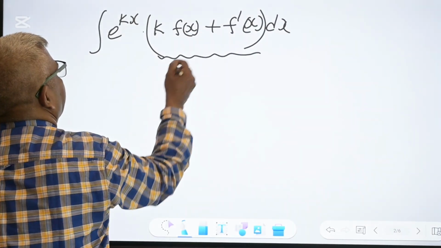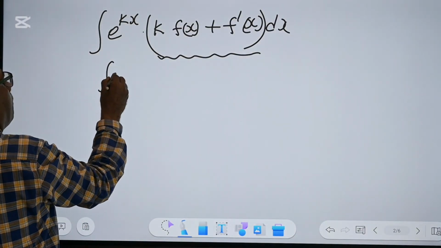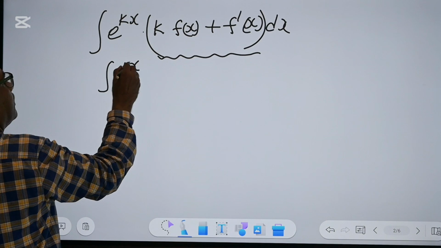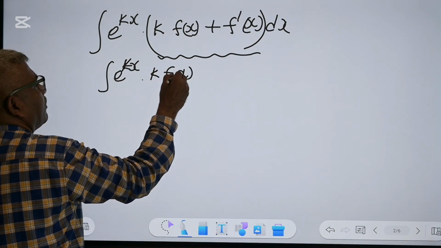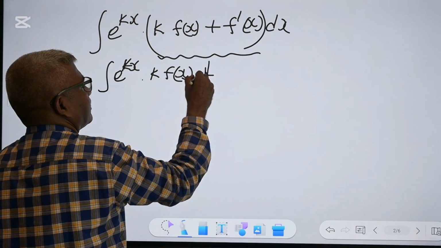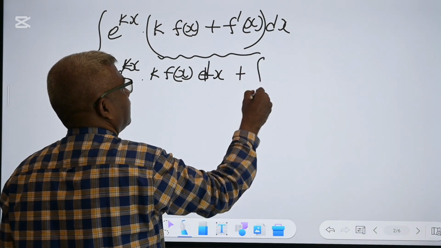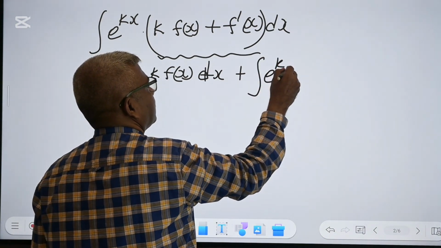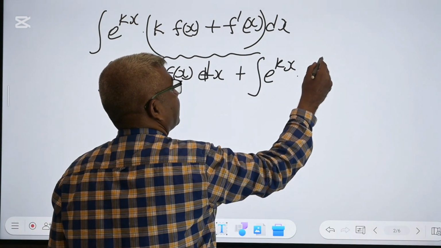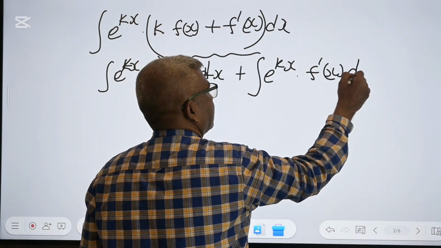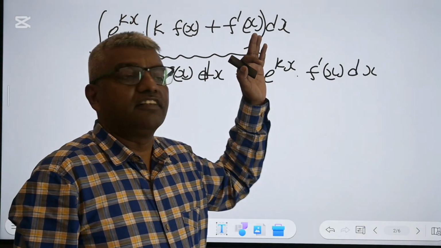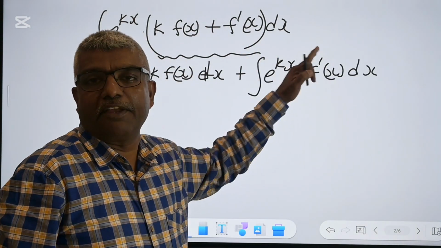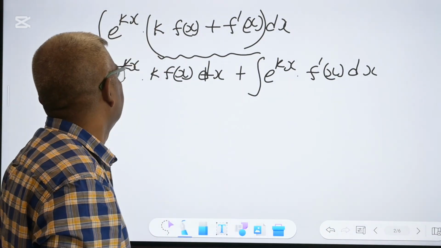Now I am going to integrate e^(kx) k f(x) dx plus e^(kx) f'(x) dx. I split the integration into two, I1 plus I2.